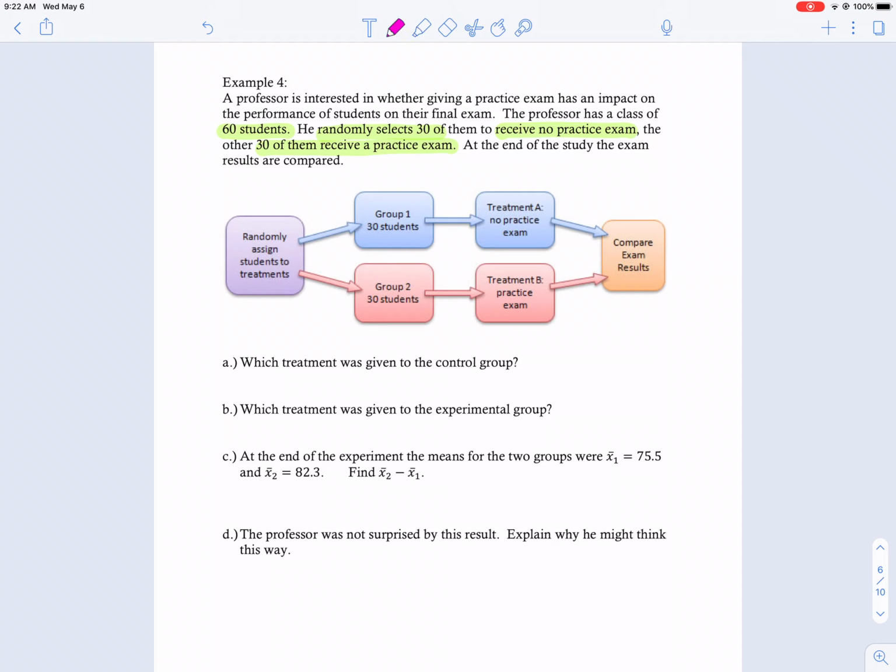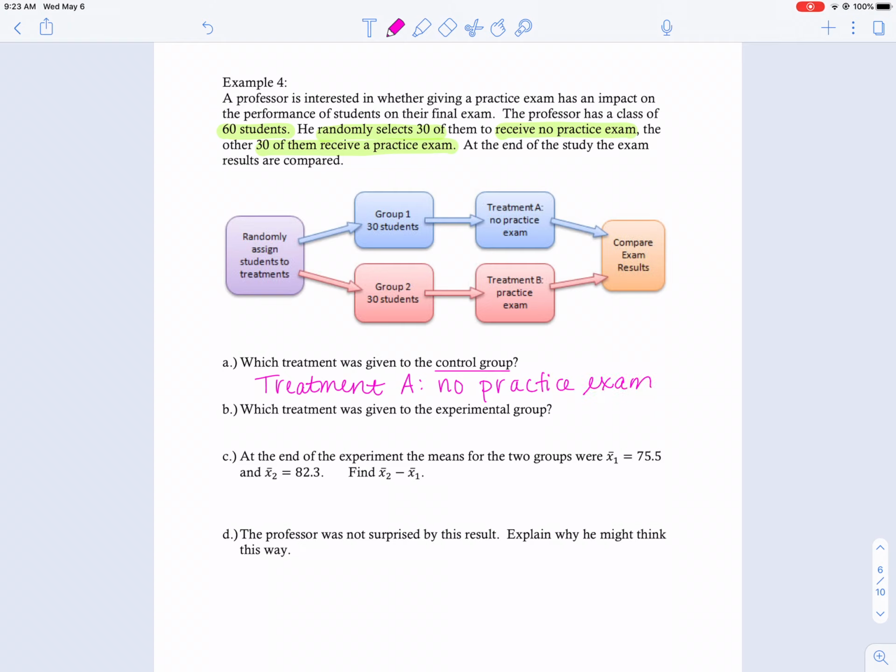Okay, so which treatment was given to the control group? So who is the control group? The control group is the group that nothing happens to, right? Control group is like the placebo. They don't receive treatment at all. So that is treatment A, and that was no practice exam.